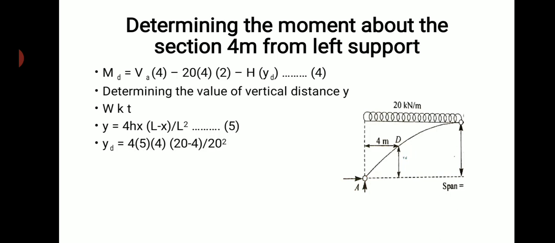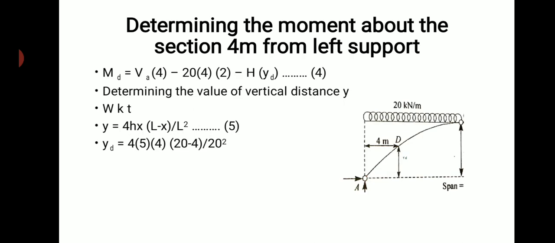It is equal to 4 meters, which has been given, and then 5 meters has been given. x is nothing but the distance at which y has to be calculated. Here the x distance is 4 meters, since at point D we are supposed to calculate the moment. The distance between A and D is 4 meters. Therefore, x will be equal to 4 meters.